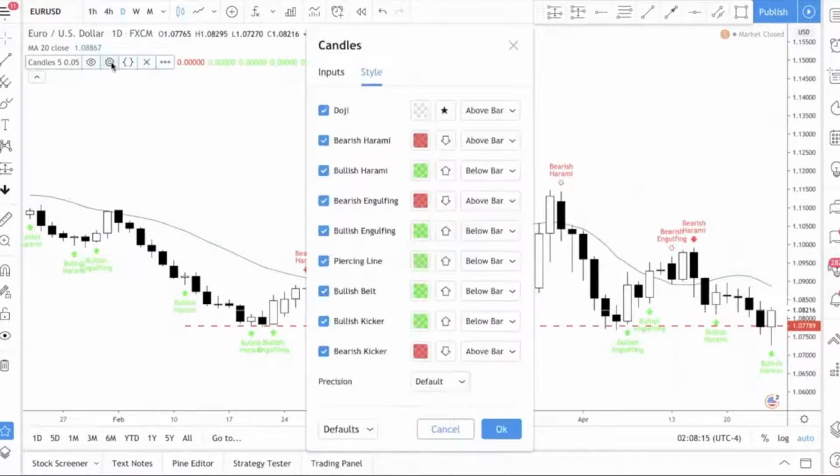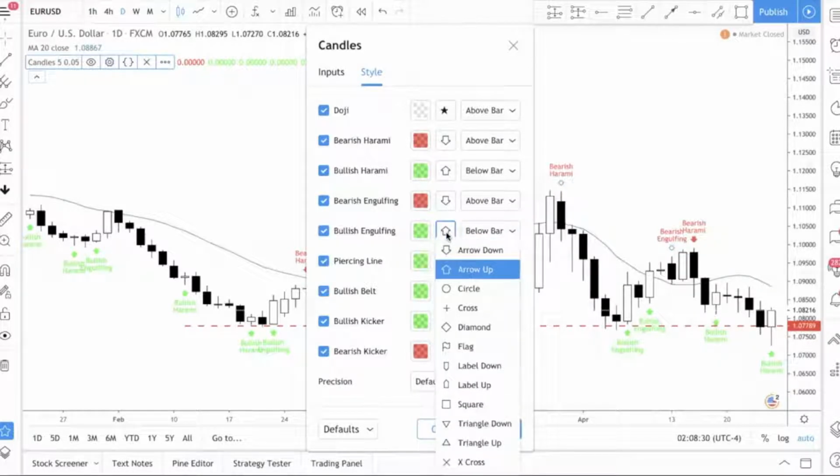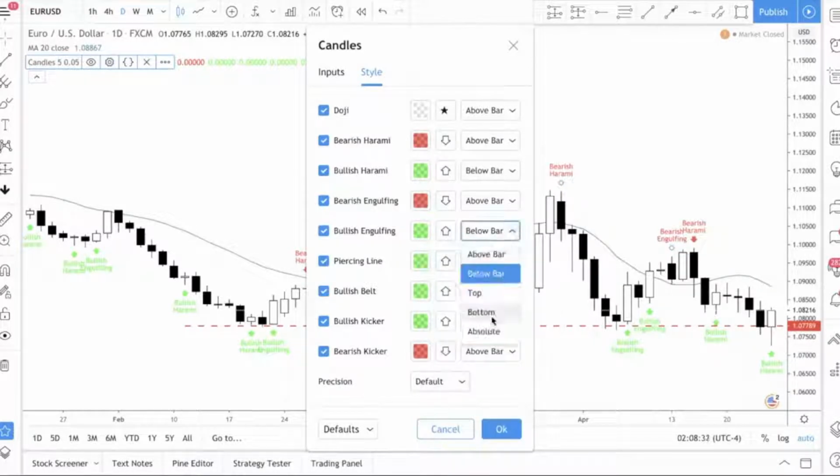In the settings, you can see that you have different styles. Of course you can customize how it looks, whether you want it in green, though green is a bit hard to read. If you are new, I wouldn't recommend touching all the settings. You can choose where it shows, at the top or below the bar.